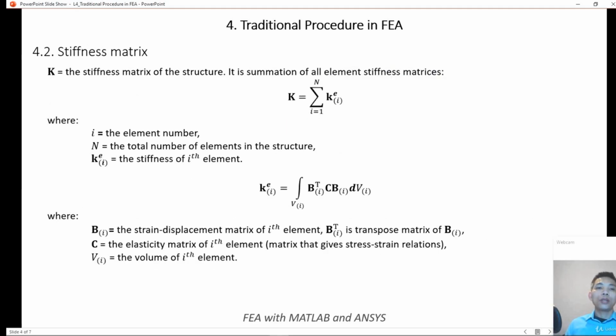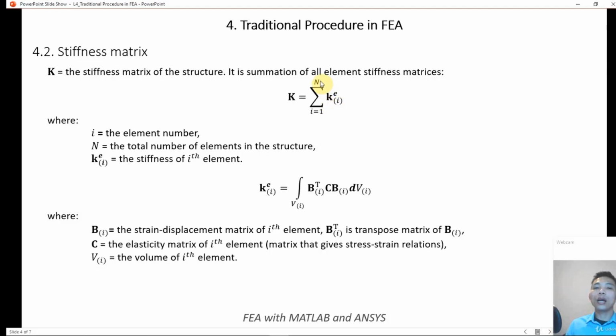About the stiffness matrix of the structure, in finite element analysis, in order to investigate a structure, first we need to model it, and then we do meshing. When we mesh, basically we divide the structure into many elements. Each element will have its own stiffness matrix Ke.